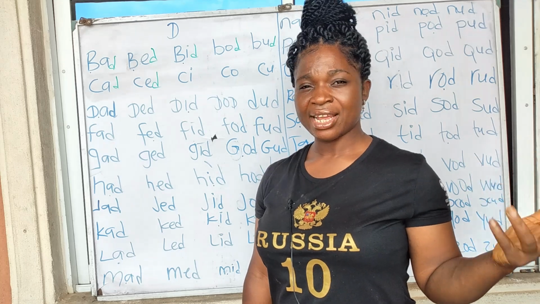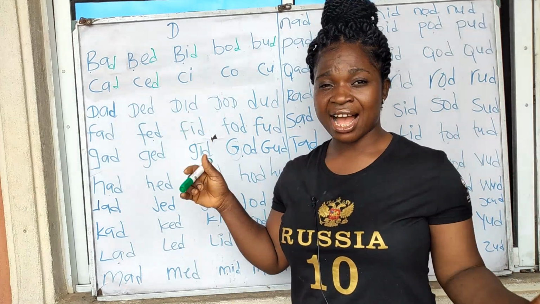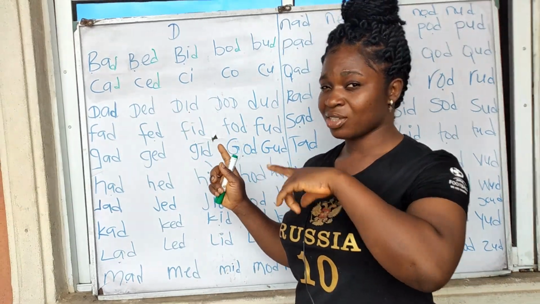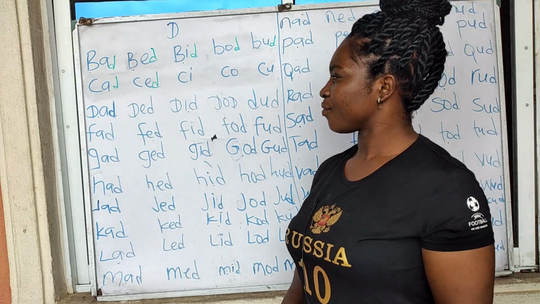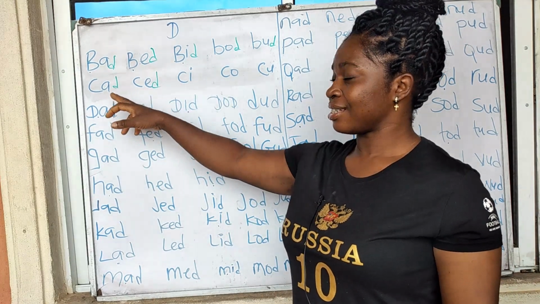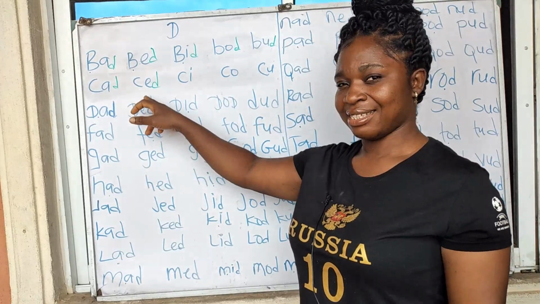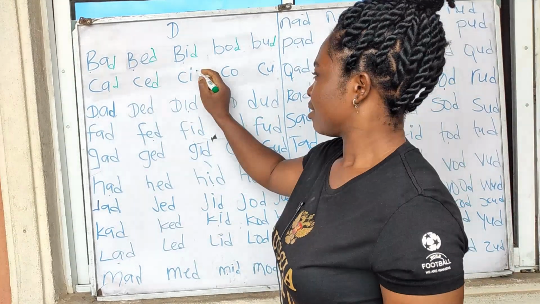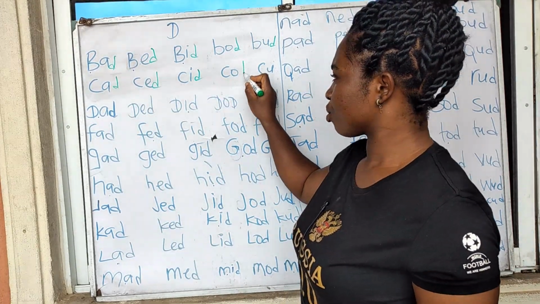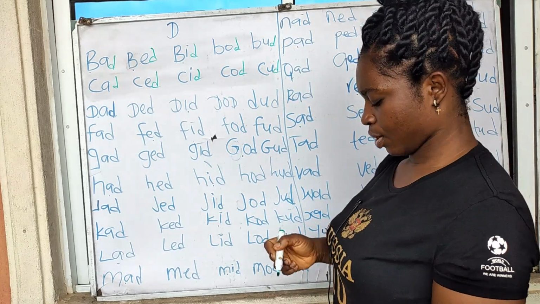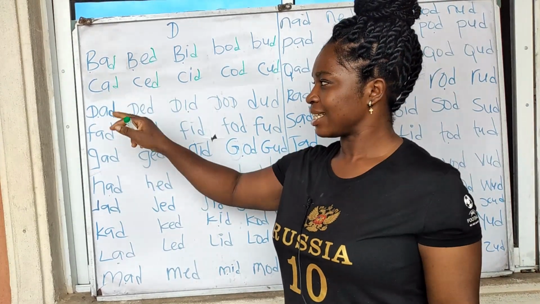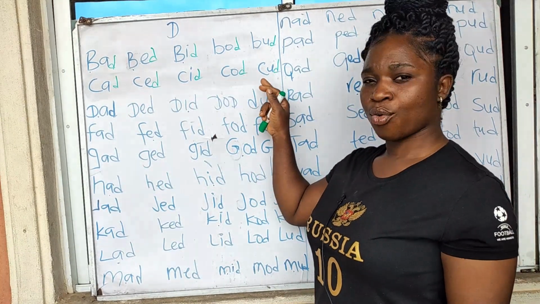If you want to know about this, I have a video for this separately, so you can check it out. Now I have ka, se. This is cat with the D, cat, seed. This is seed, and this is code, and this is could. So I have cat, said, seed, code, could.